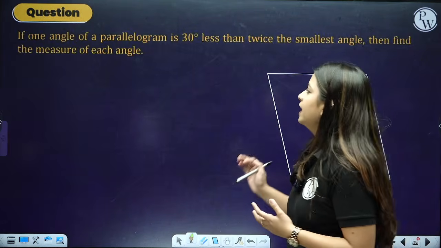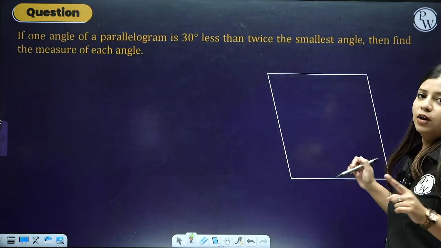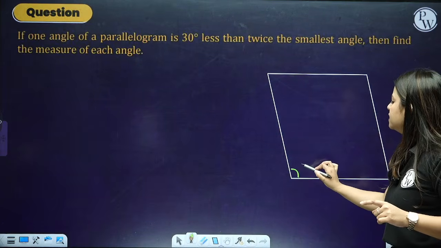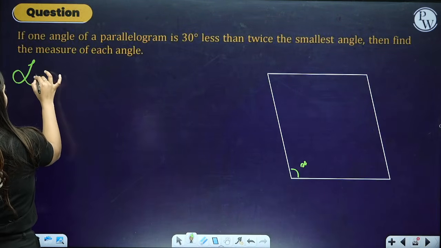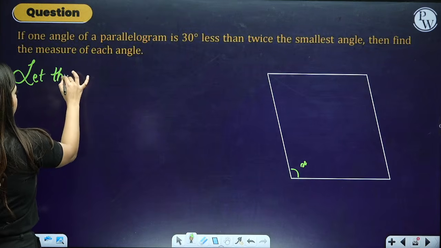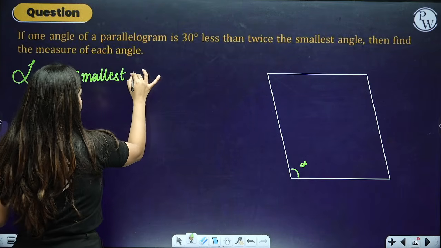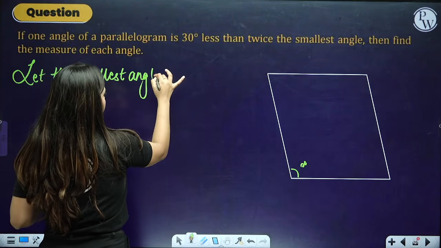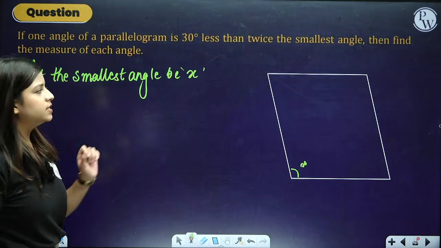So if one angle of a parallelogram is 30 degrees less than twice the smallest angle, let's say this is the smallest angle x. Let the smallest angle be x.